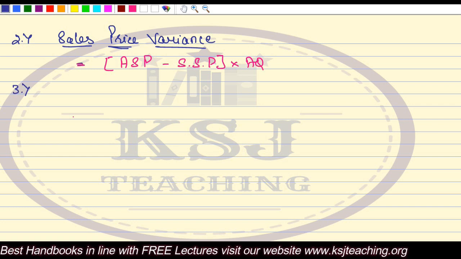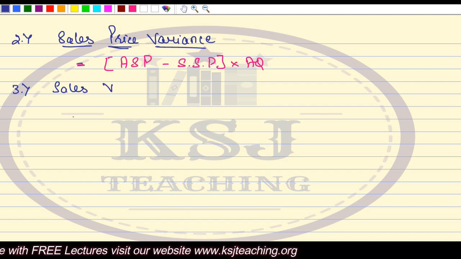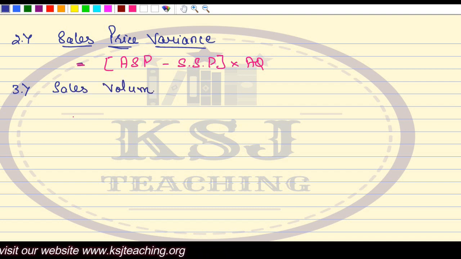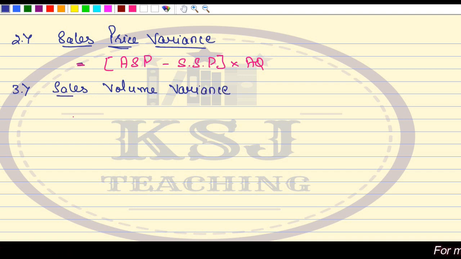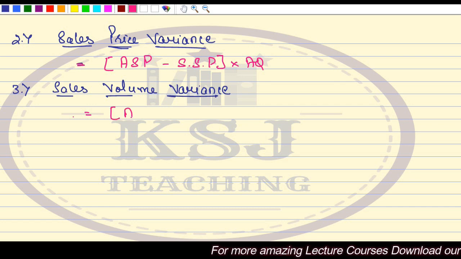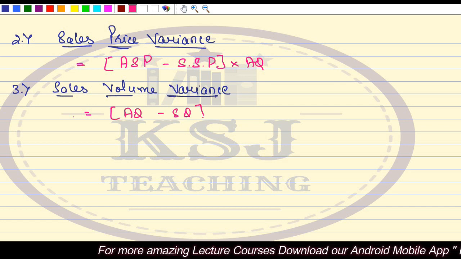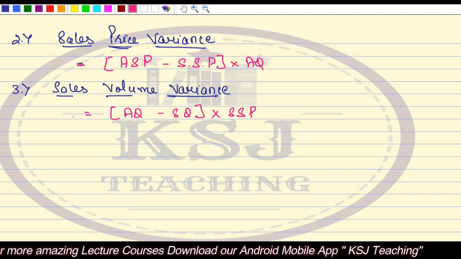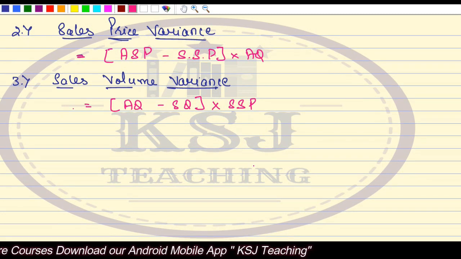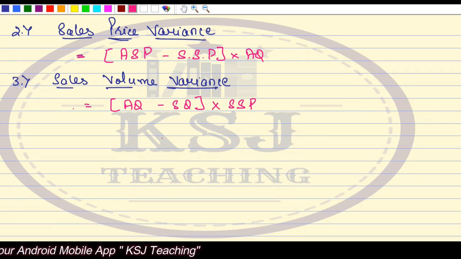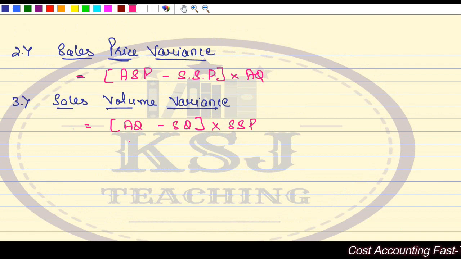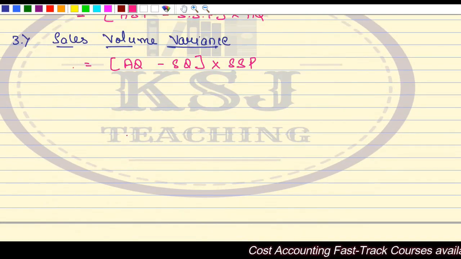Third one, sales volume variance. That is quantity variance. Volume means the quantity here, right? So this is actual quantity minus standard quantity multiplied by standard selling price. The same fundamental remains the same. The only thing is, in the sales variances, we'll take the actuals first, right? Because it is better to have actuals more than the standards.